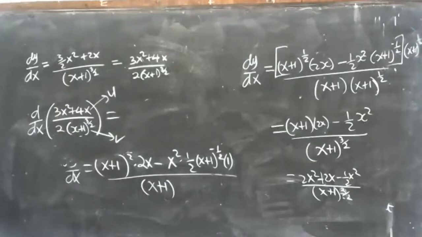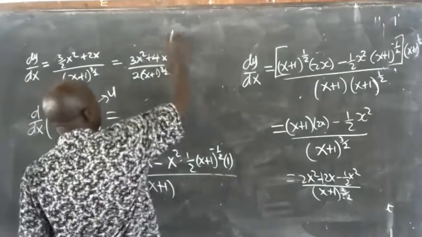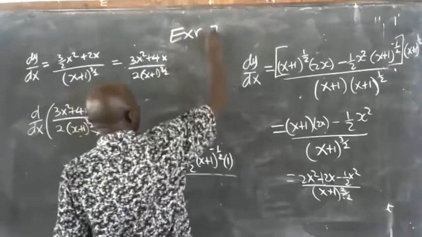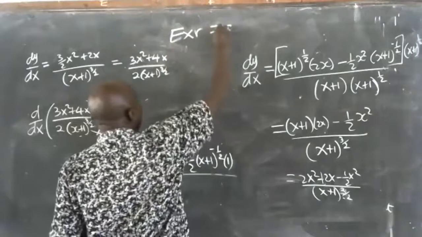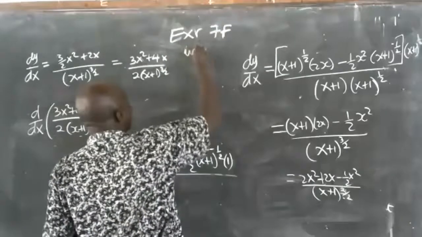Now, please, ladies, you are going to try an exercise. Exercise 7F. In 7F, you look for those numbers with second derivative. All the numbers with second derivative.